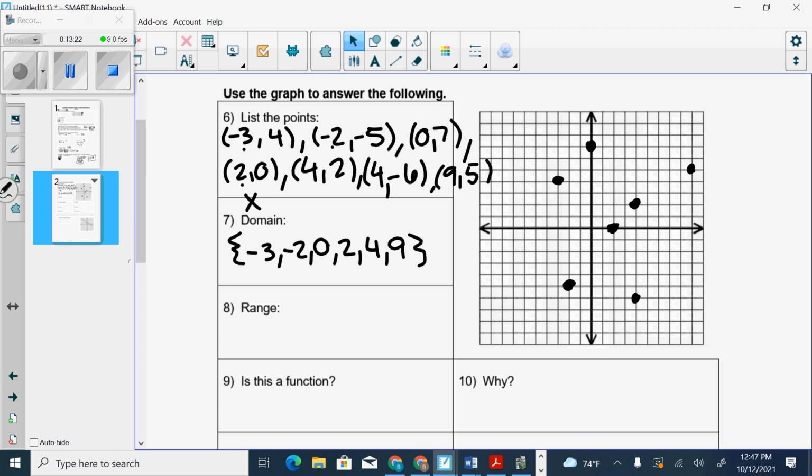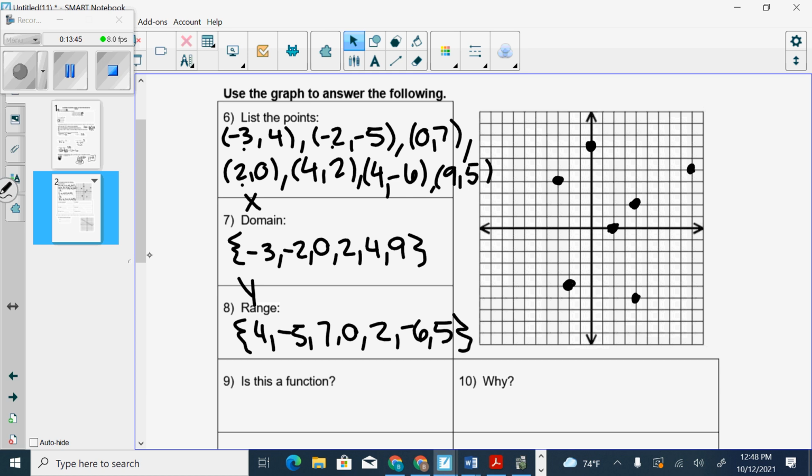If domain is x's, that means range is our y's. So same idea, we're going to list all the y's now. What was our first y? 4, and then, yep. Very good.